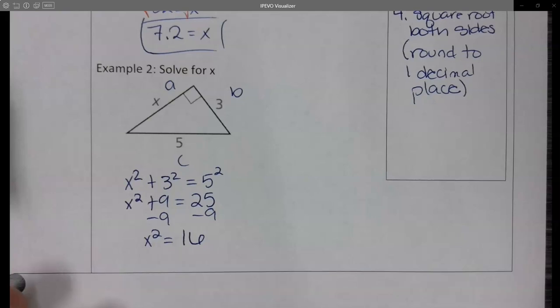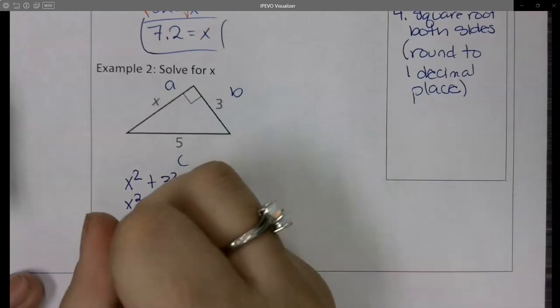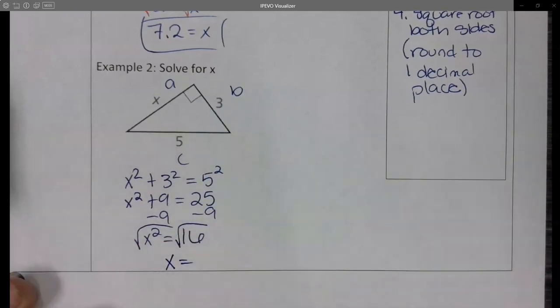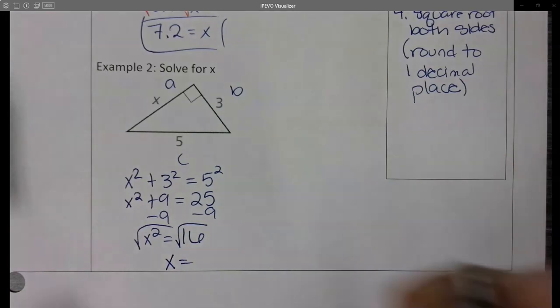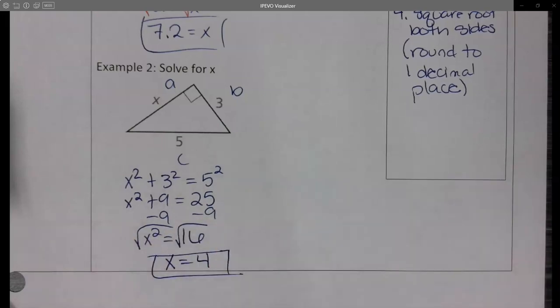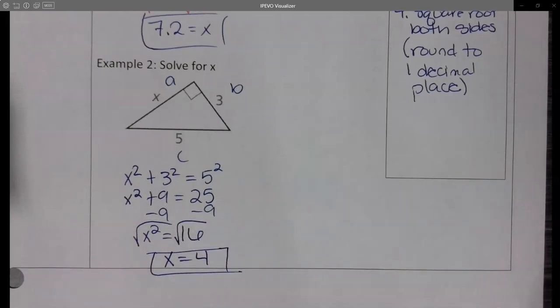And now that I have just x squared equals 16, what do I need to do to get x all alone? Square root. And does anyone know the square root of 16? Oh, yeah. This one works out nicely, so I just have 4. Questions here?